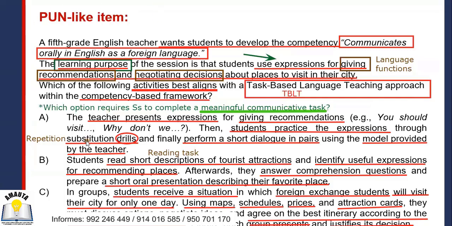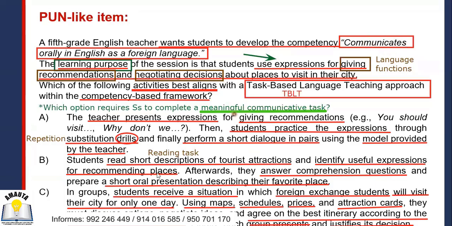Is this meaningful? Is this communicative when they repeat and then reproduce a very similar model conversation-based dialogue, right? Based on the model, this is very controlled. It doesn't develop autonomy. It doesn't develop the first competency, right?